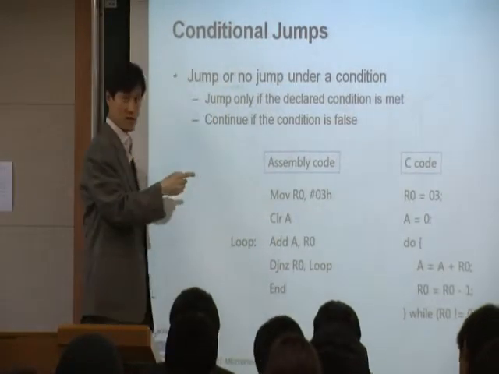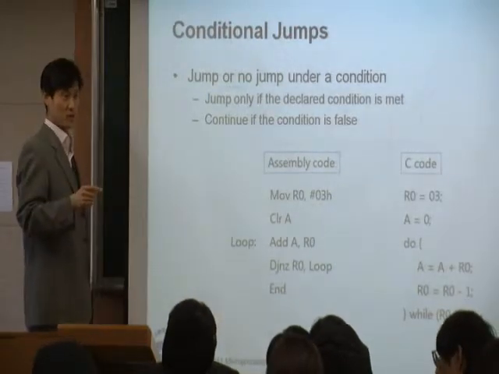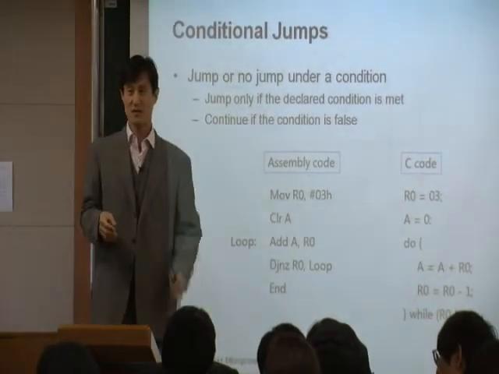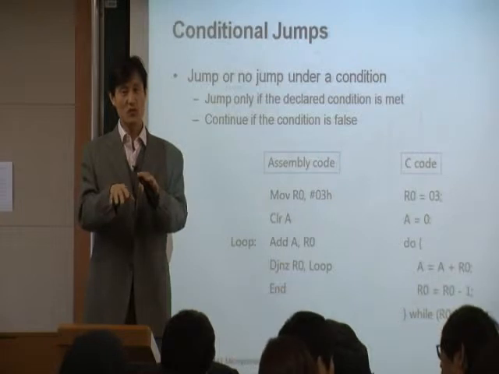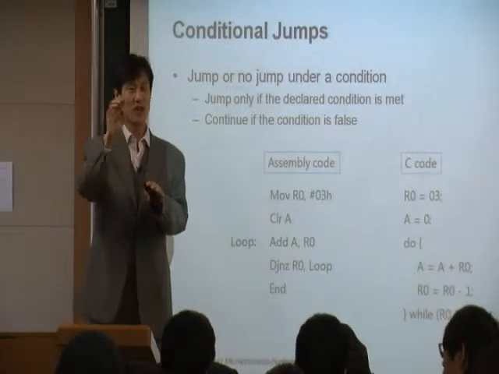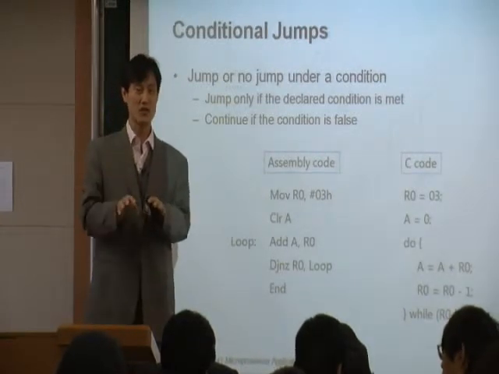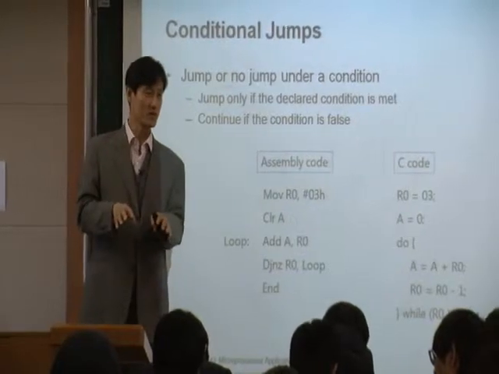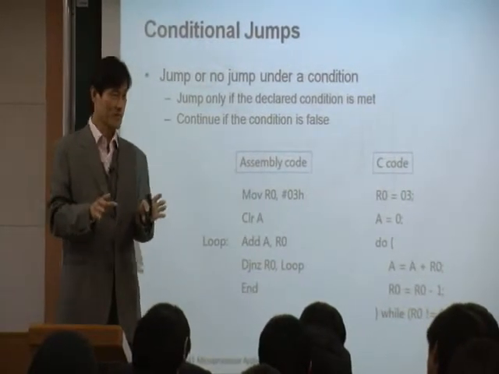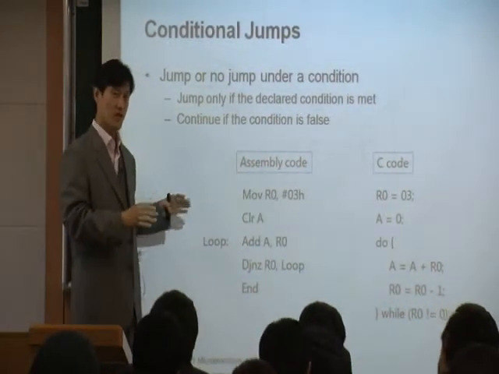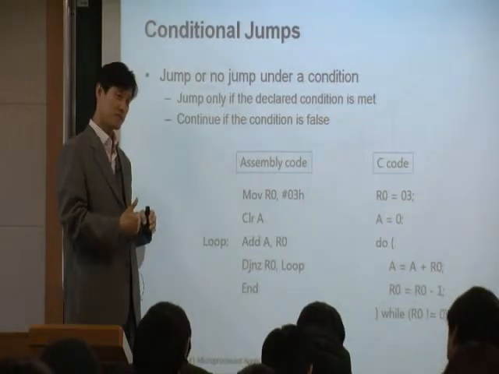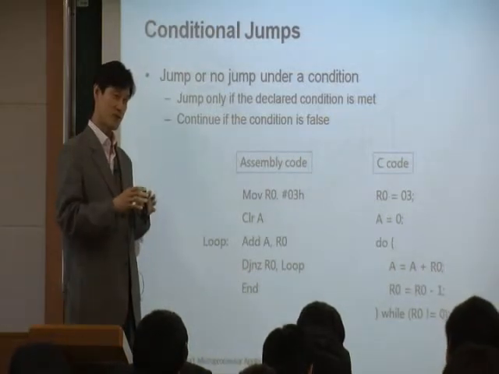Let's say you write a C function. When you write your C function, you always clear the value before using the variable. Same here. You have to clear the value first, and then later you're going to use it whenever you write the code.